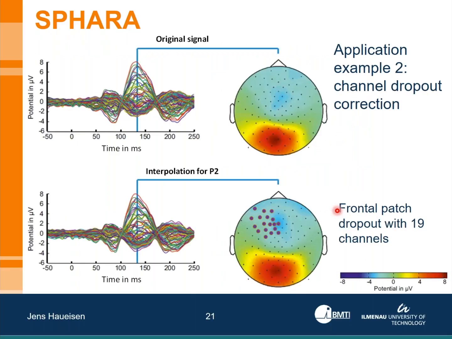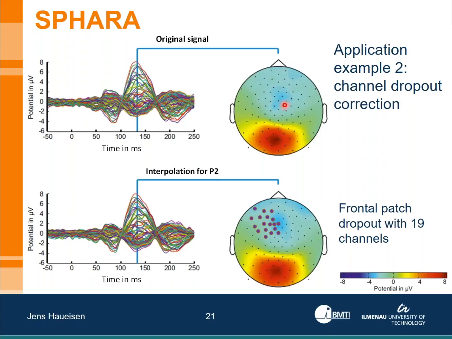The curve, when you, for example, look at the blue curve, gets much smoother. And last but not least, I would like to show you on this slide an example of channel dropout correction. What you can see here in the upper part is a visual evoked potential signal. You can see the butterfly plot on the left and the topography here in the middle.